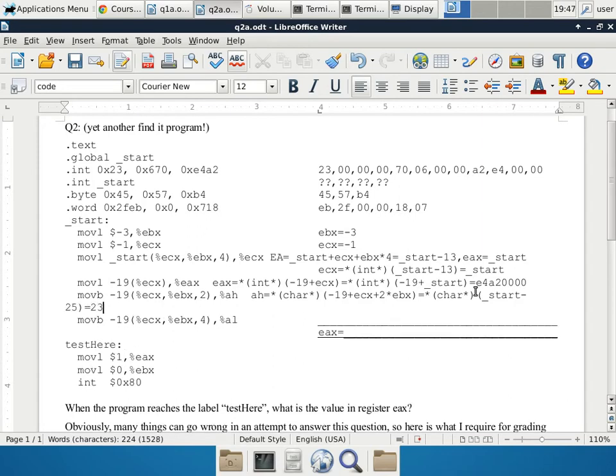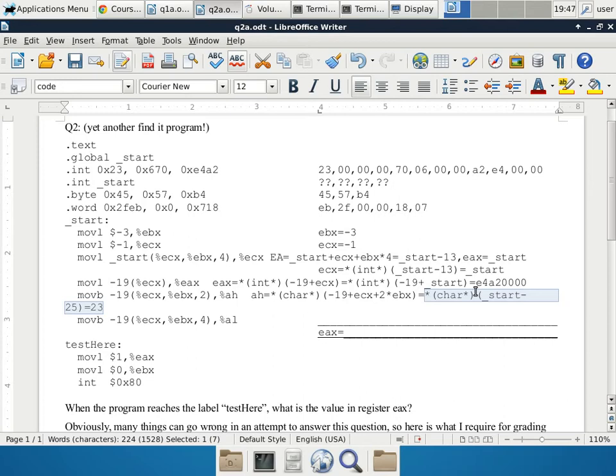The full credit for this particular instruction is to give me the 2-3 going into AH and also the effective address of that particular byte. Where are you copying from in order to get that 2-3 byte? But if you give me the general equation, you will still get partial credit, even if it does not add up correctly. Is that okay? Yeah. All right.